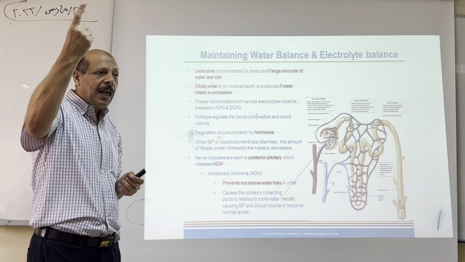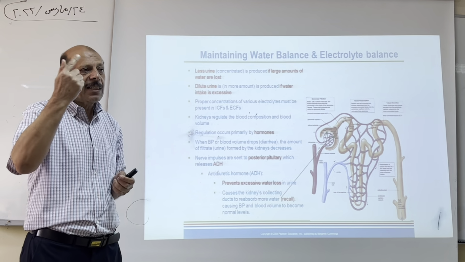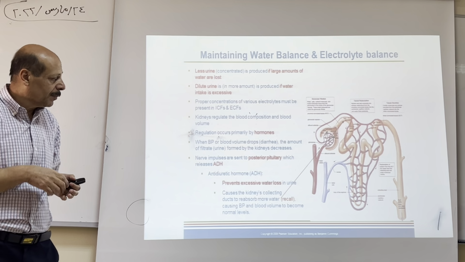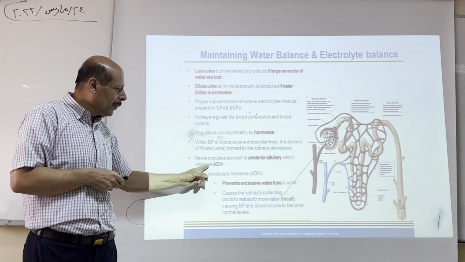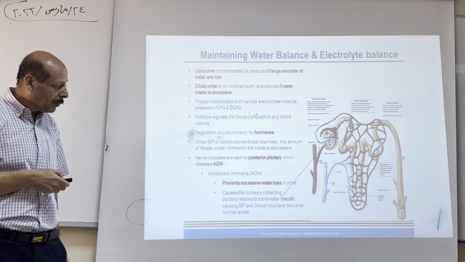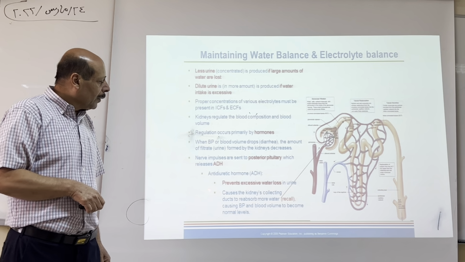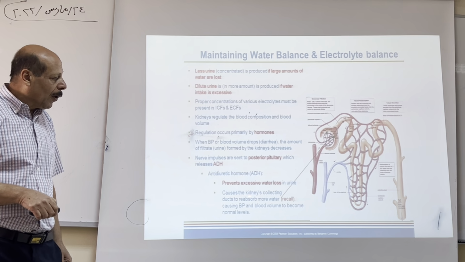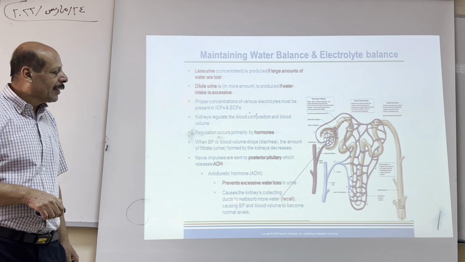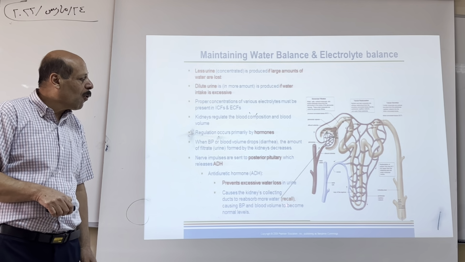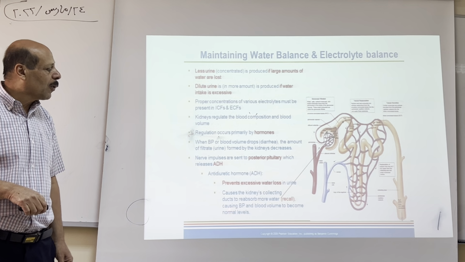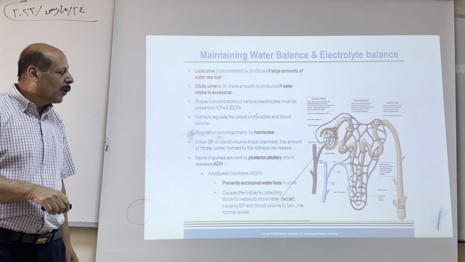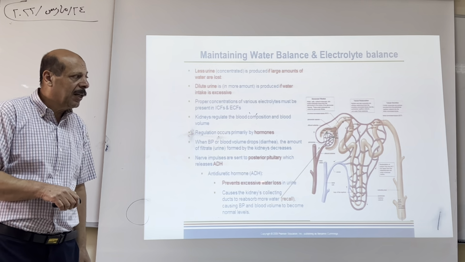It will increase the reabsorption due to the presence of the antidiuretic hormone, causing the kidney collecting duct to reabsorb more water and recall, causing blood pressure and volume to become normal.